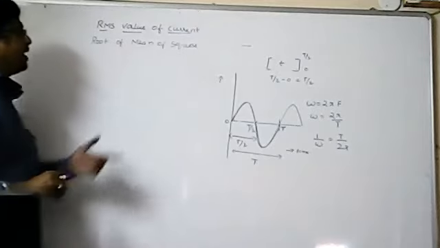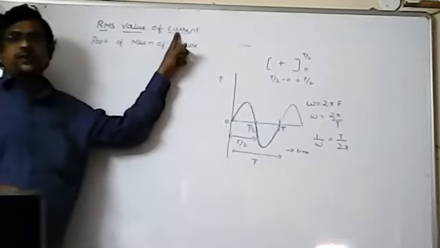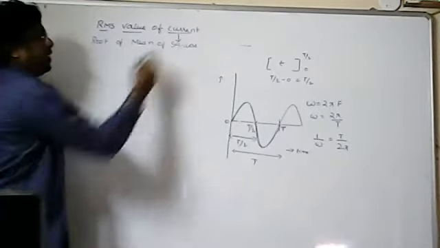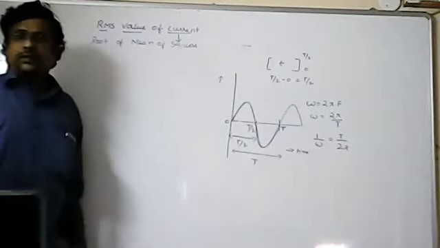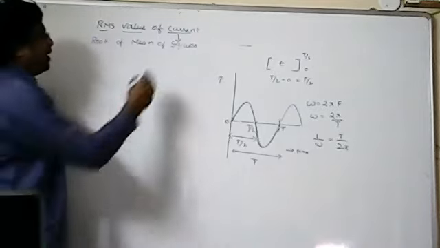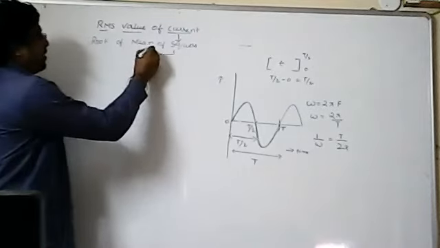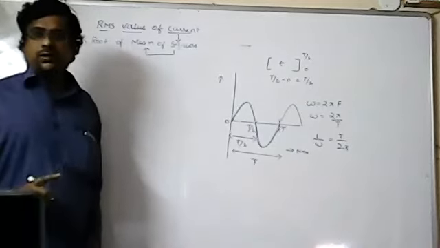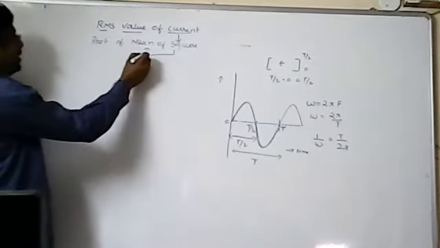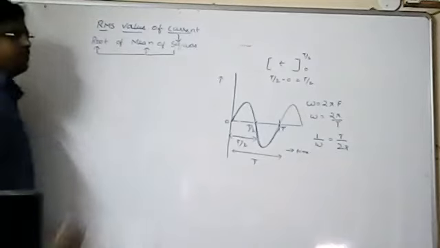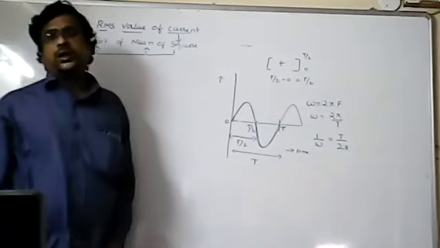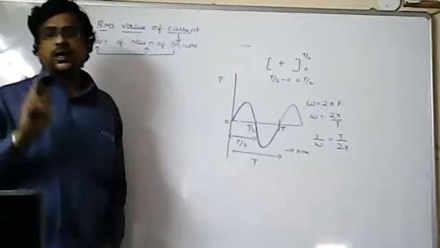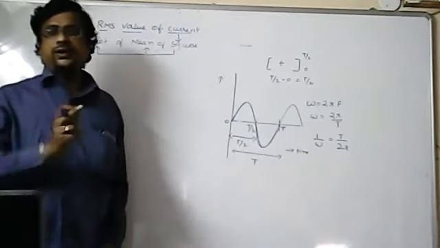So what I have to do is take the value of current, first square it. After squaring, find the mean of that square value. After finding the mean, find the root value. So first take the current, square it, find the average, then take the root.